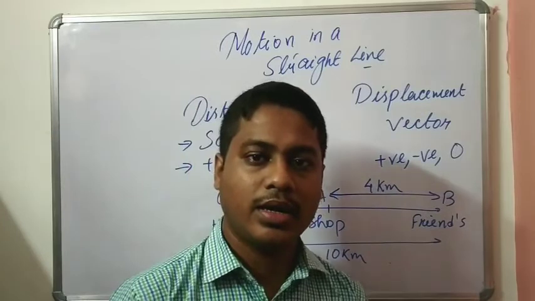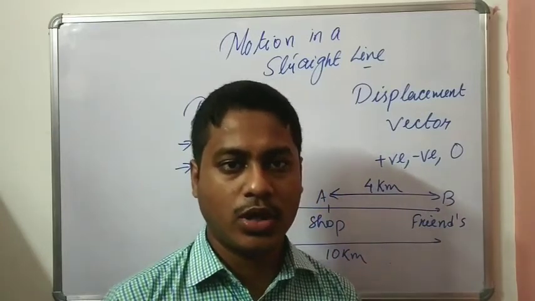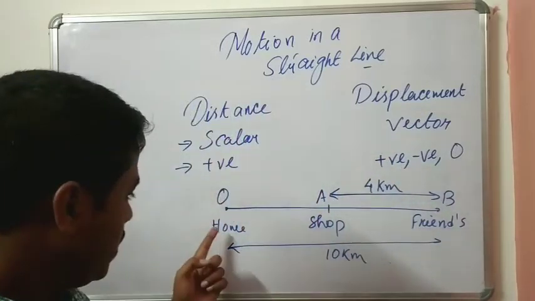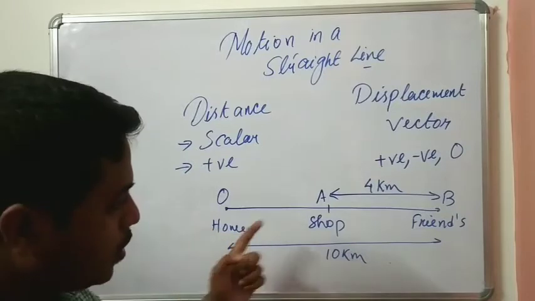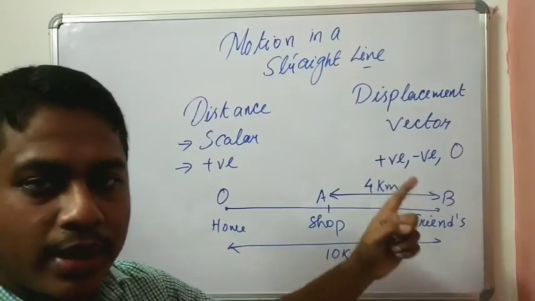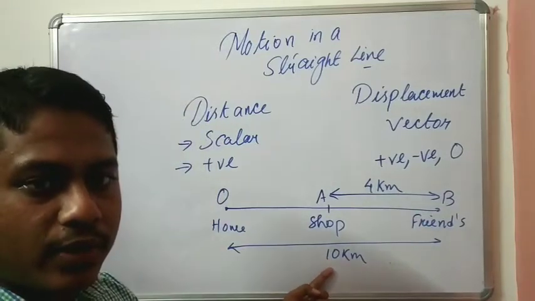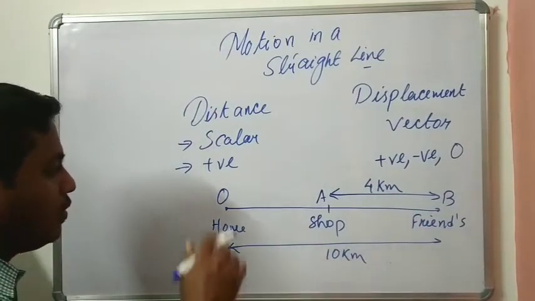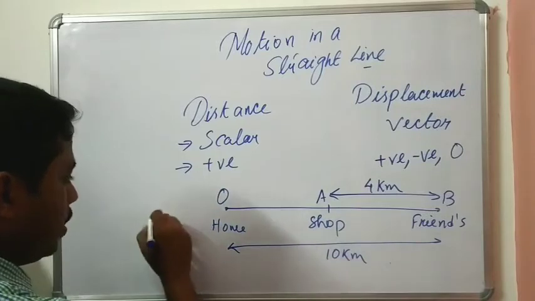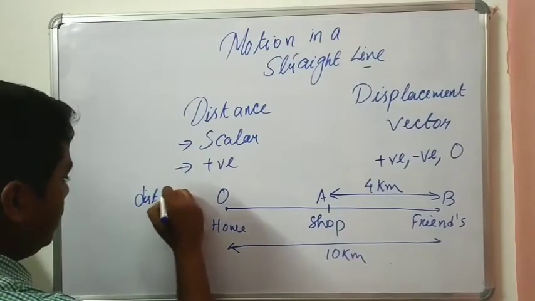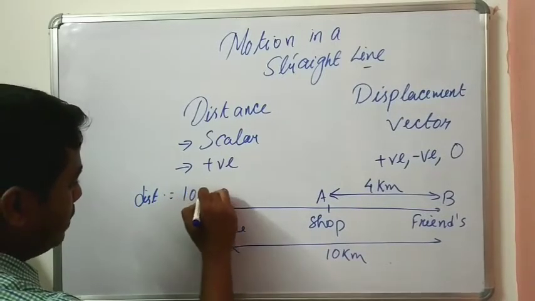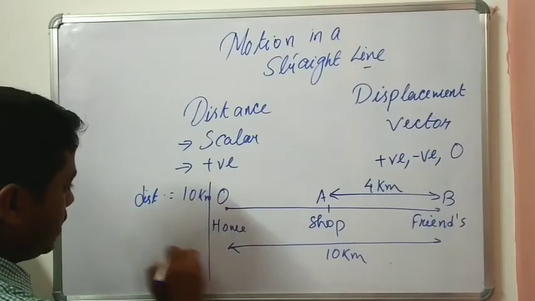Distance, remember, is the total path traveled. You have moved from your home to your friend's home. How much path have you traveled? You have traveled a total path of 10 kilometer. That means for the first situation, your distance will be 10 kilometer. Then what will be your displacement?